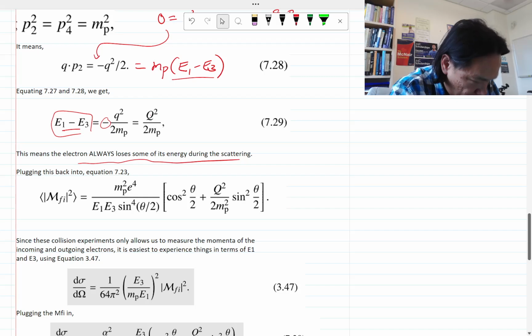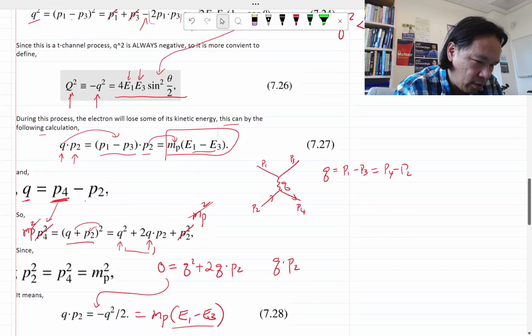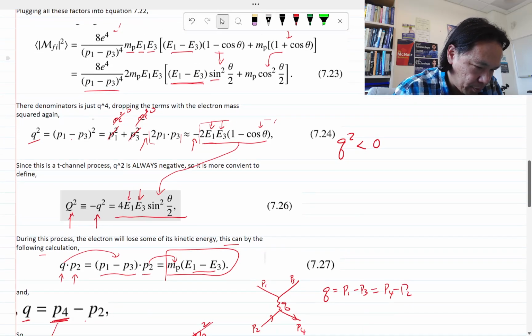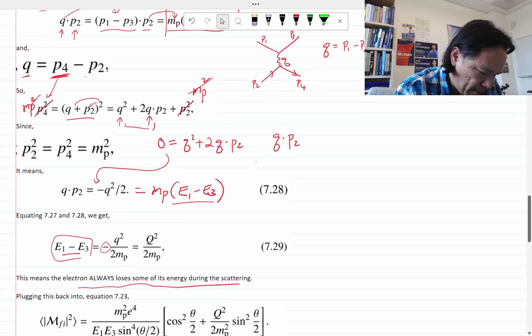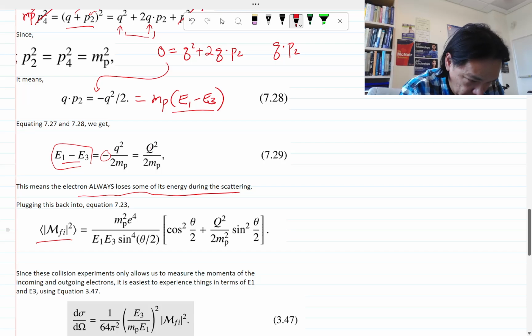So now we have that E1 minus E3, plugging everything back into 7.23. Let's go all the way up here, 7.23. Now we have this factor. What we're going to see is that the matrix element squared is going to be 4 times the mass of the proton, e to the 4th, as usual, since this is the leading order diagram.